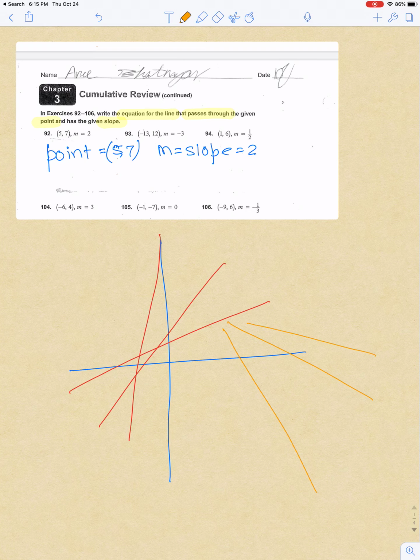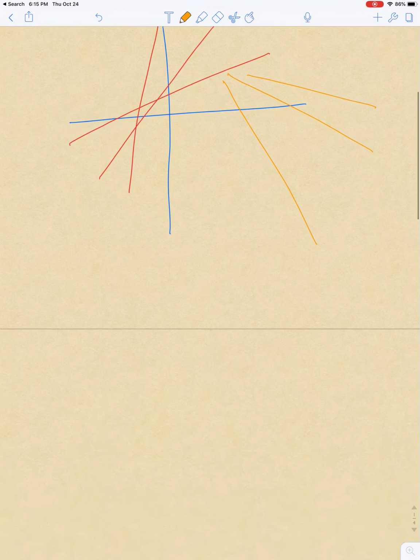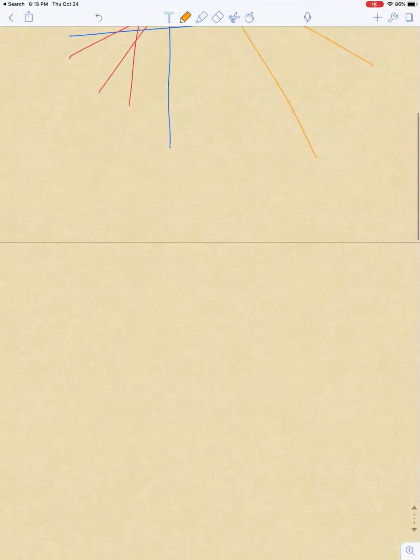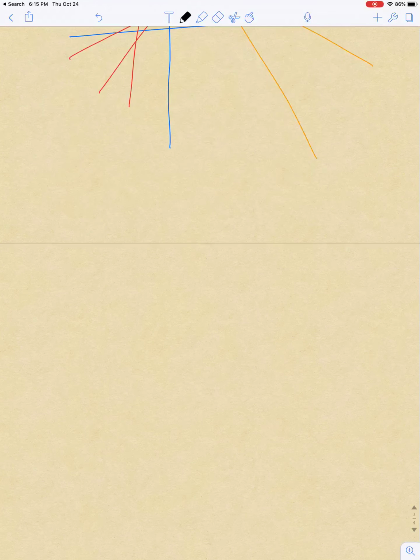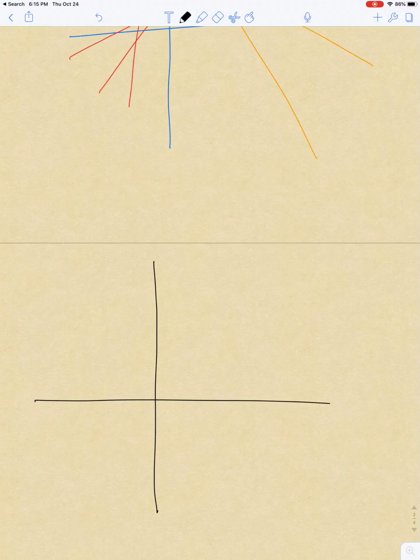So now the question is, how do I measure the slope? And this is where the concept of slope, once you understand, becomes very, very helpful. So what's happening in this case is, if you give me any line, this is my x, this is my y, and let's just do an example.